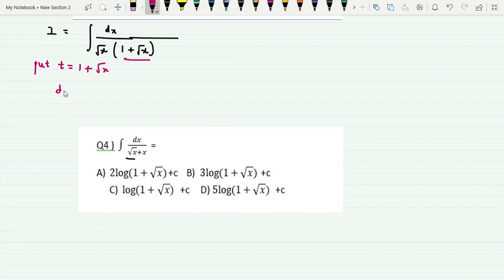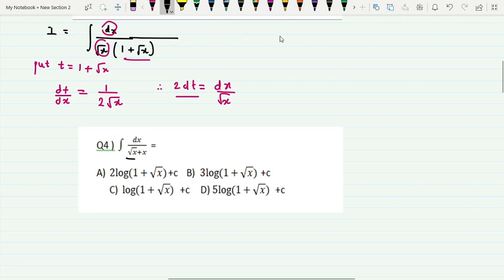Then dt by dx will be equal to what? The derivative of 1 is 0 and the derivative of root x is 1 upon 2 root x. Therefore 2 dt is equal to dx upon root x. Now dx upon root x is equal to 2 dt. So our integral I will be the integral of dx upon root x, that is 2 dt, and 1 plus root x is t.